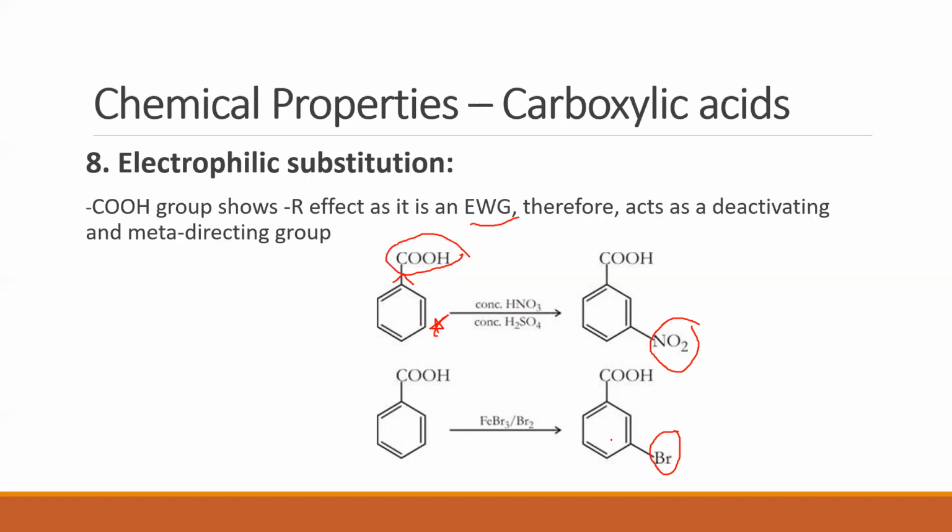Under electrophilic substitution, we only see 3 reactions: nitration, halogenation, and sulfonation. We do not see Friedel-Crafts reaction. Find out the reason for the same. With this, we come to the end of all the chemical properties in this chapter: aldehydes, ketones, carboxylic acids.